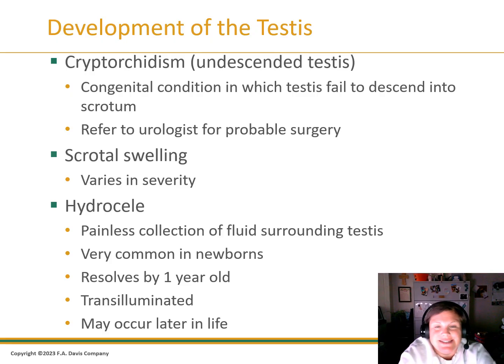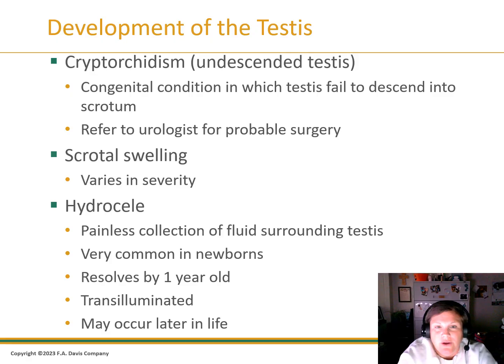When somebody does not have descent of their testes or their testicles, that is referred to as cryptorchidism. This is a congenital condition, and usually that's occurring before they're even 2. It may not have been discovered that young, but it should be then that it occurred.